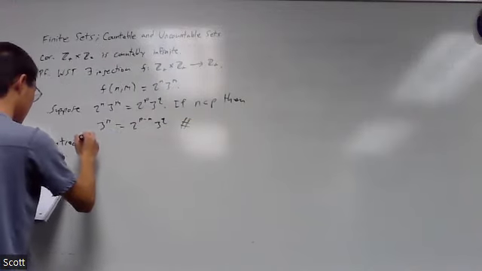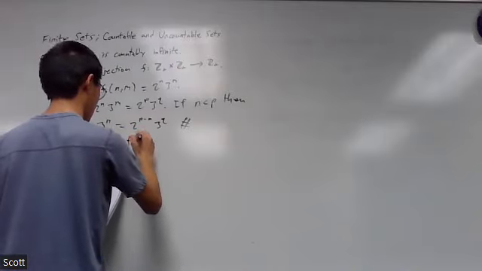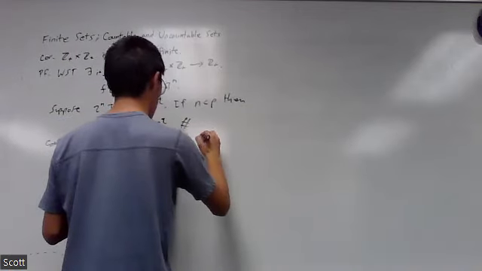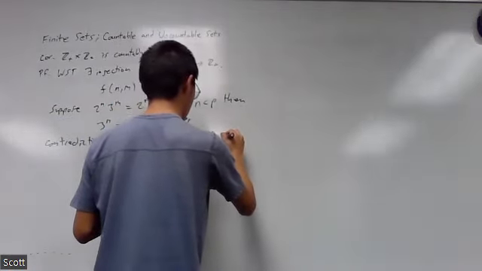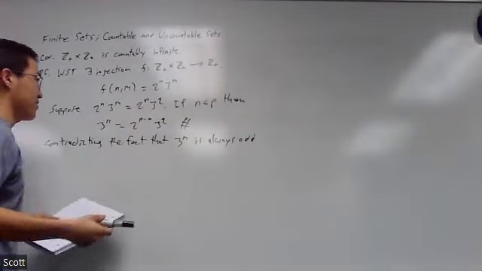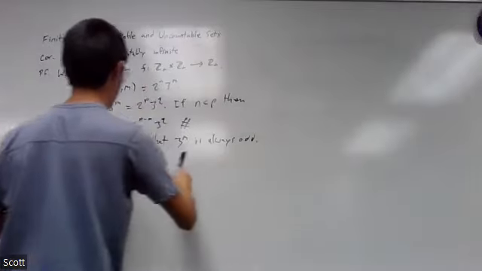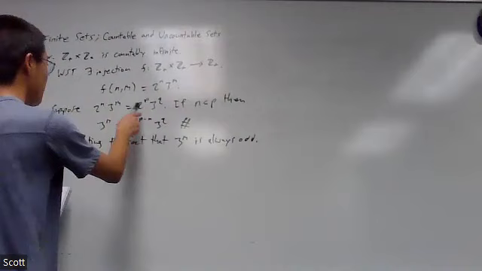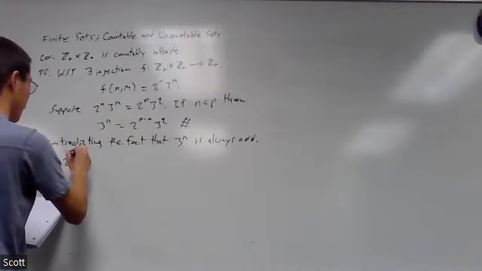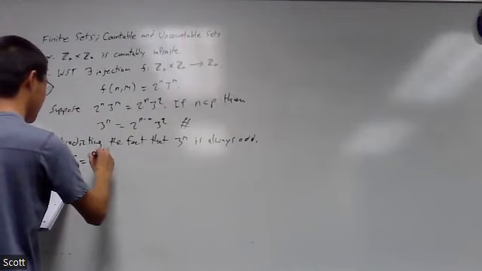Contradicting the fact that 3 to the q is always odd, and this is always going to be even because p minus n is positive. Okay. And then we contradict that. So we use this fact to force 2 to the n to be the same thing as 2 to the p.